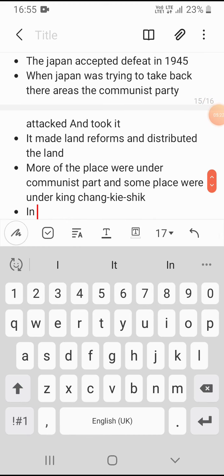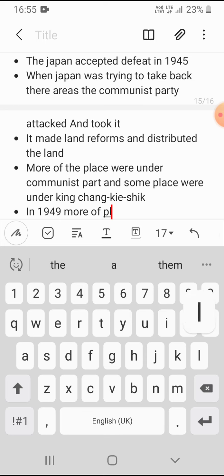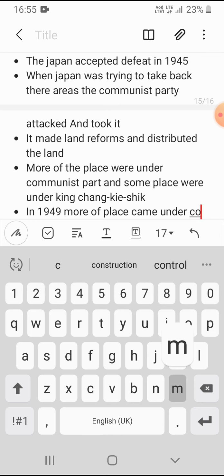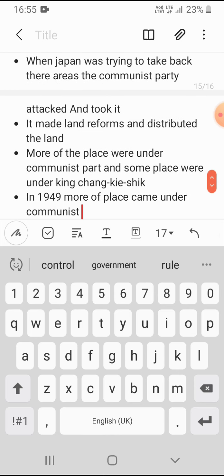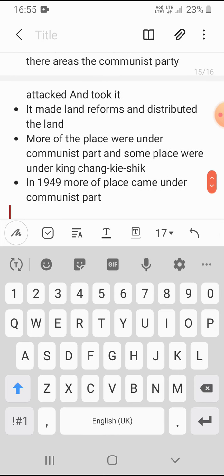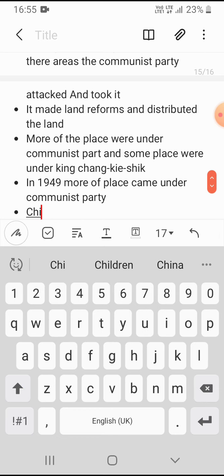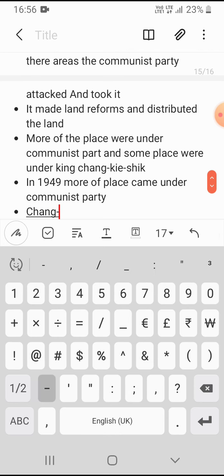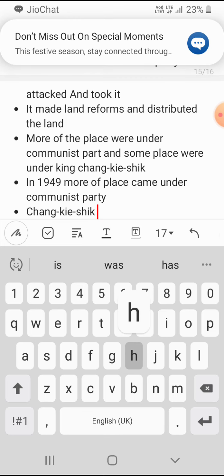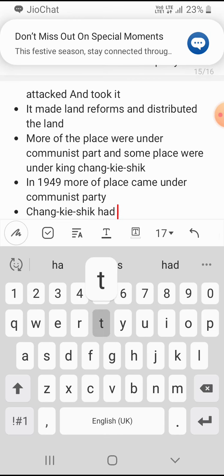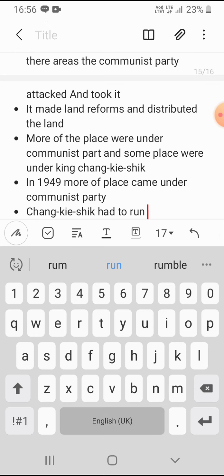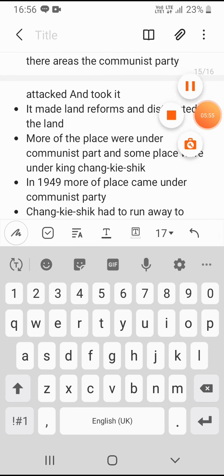In 1949, most places came under the Communist Party, and Chiang Kai-shek had to run away to Taiwan.